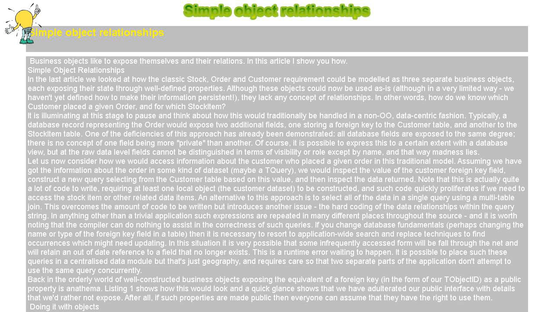Let us now consider how we would access information about the customer who placed a given order in this traditional model. Assuming we have got the information about the order in some kind of data set, maybe a T-query, we would inspect the value of the customer foreign key field, construct a new query selecting from the customer table based on this value, and then inspect the data returned.